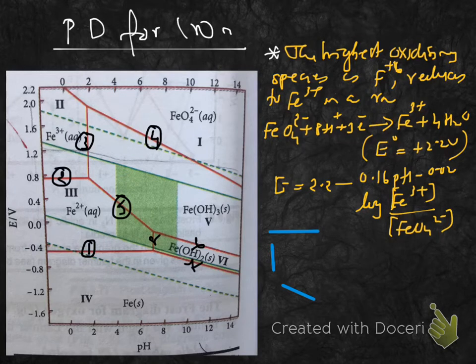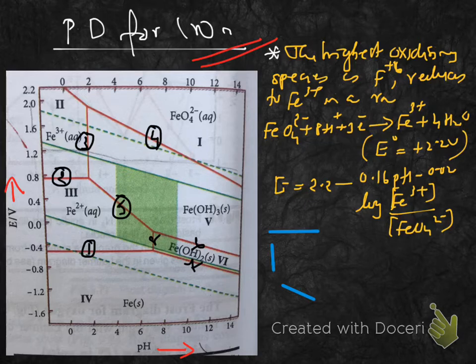Now we directly come to Pourbaix diagram for iron. This is the simplest representation for the Pourbaix diagram of iron. It is a plot of pH along the x-axis and electrode potential along the y-axis. Here you can see E0 values along the y-axis and pH along the x-axis.